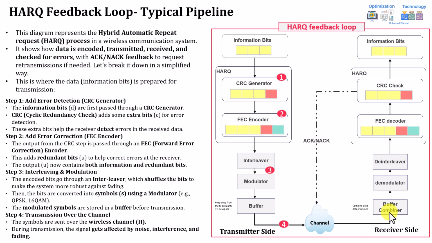It will combine all the new retransmissions on top of each other in order to be able to decode the data, which we are going to explain in the next slides. And for all the remaining, it will just do a reverse operation, as we mentioned. That's it about the typical pipeline. Now let's move forward to see more interesting information on the next slide.